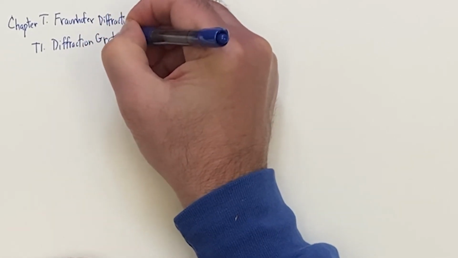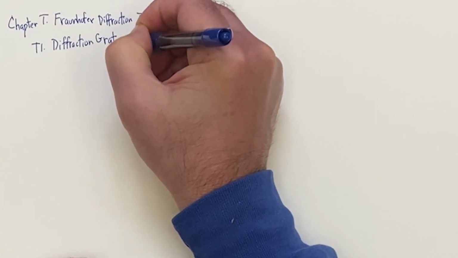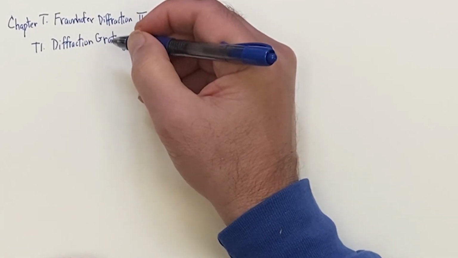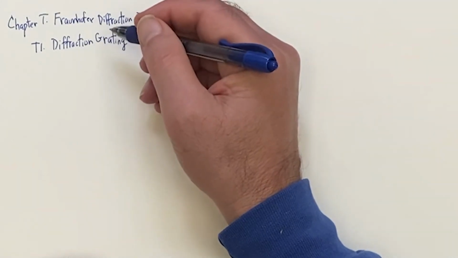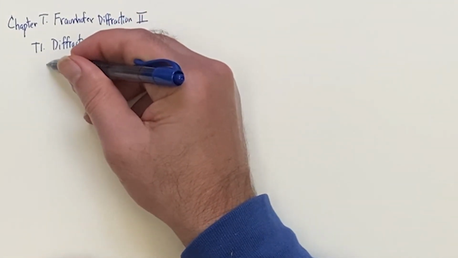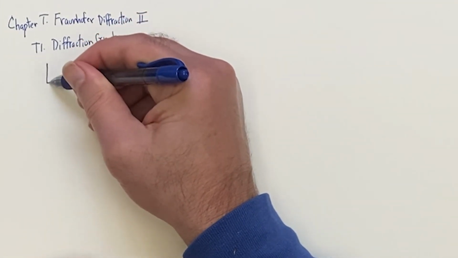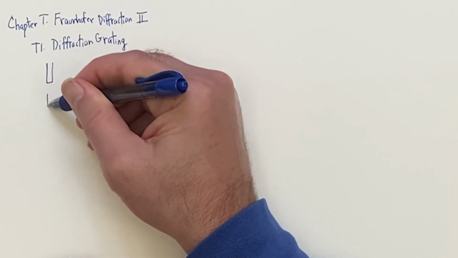or multiple slits. And diffraction gratings can have hundreds of slits, 1,000 is what you can find easily, and more. So we're going to do multiple slits.